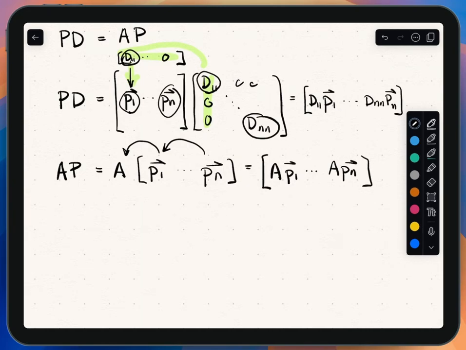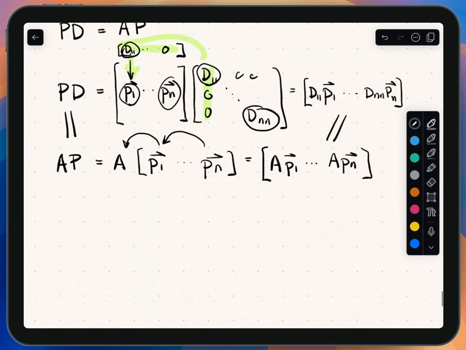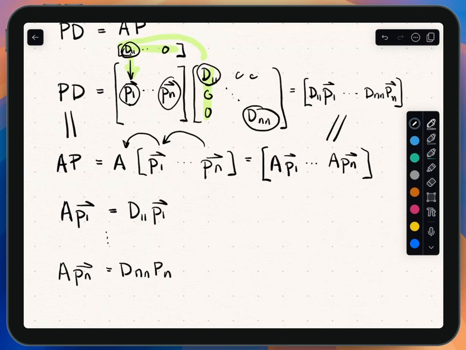But we know these must be equal, right? PD equals AP. So they must line up. We get AP1 is equal to D11 P1, and this holds all the way until APn is equal to D_nn Pn.